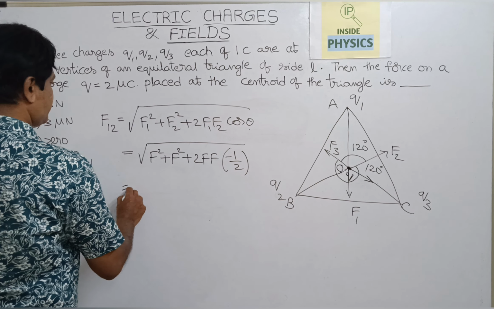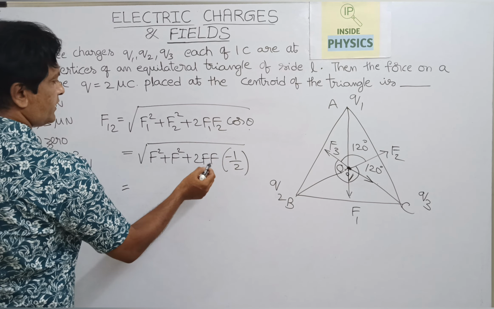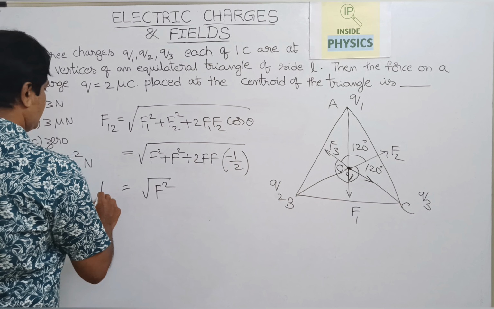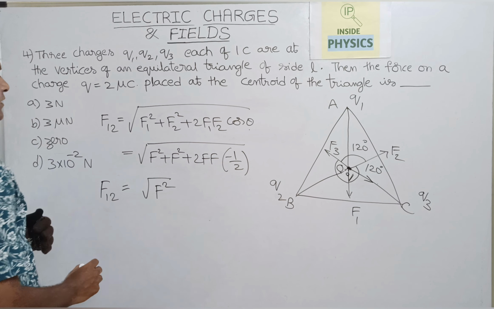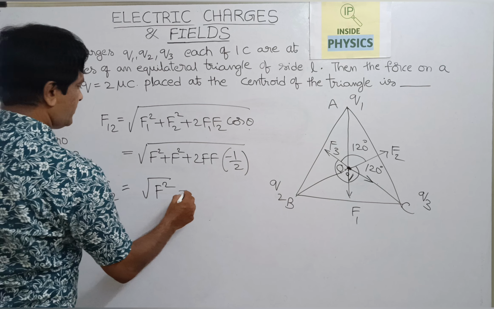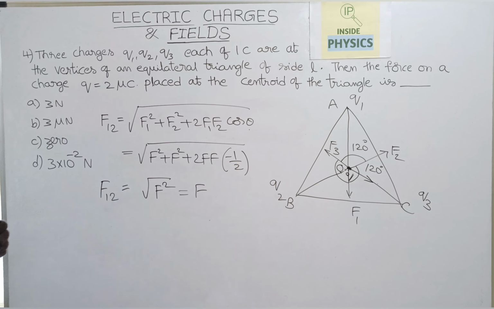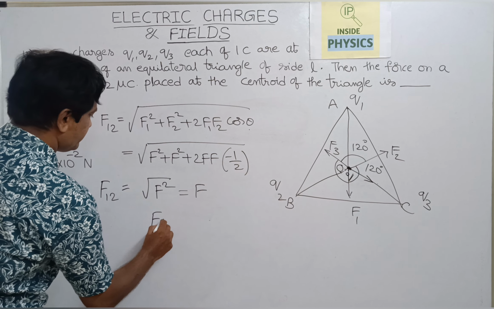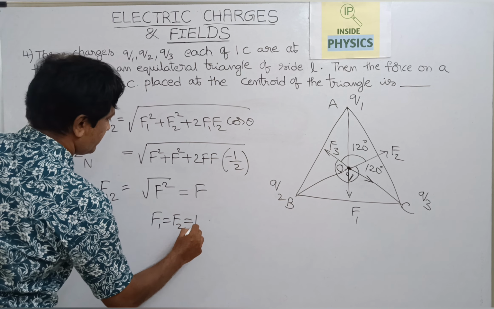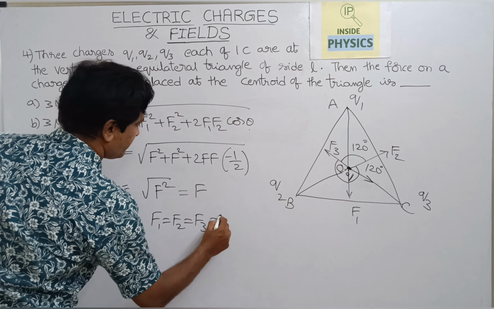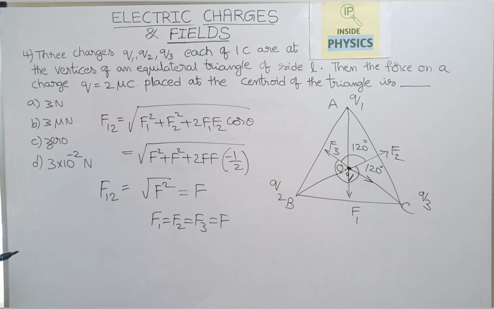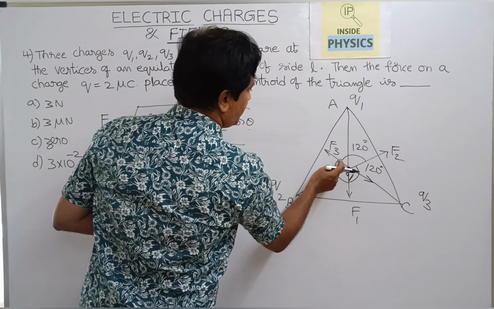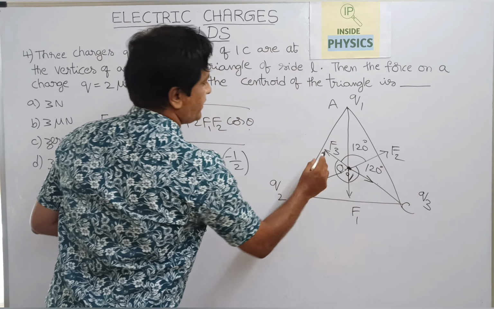So here 2 gets cancelled and this will come out to be F square, so the resultant of the forces F1 and F2 is equal to F. We already know F1 is equal to F2 is equal to F3 is equal to F. So the resultant force of these two is exactly balanced by F3 because both are the same.